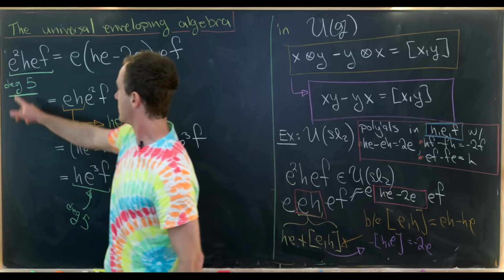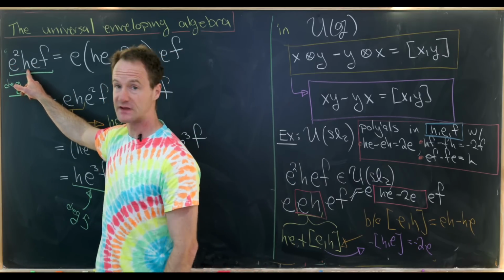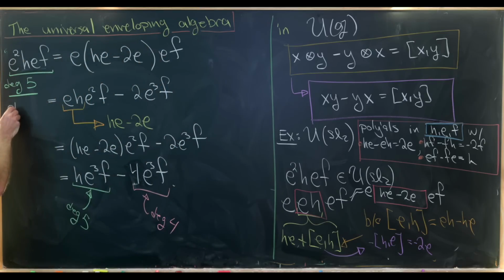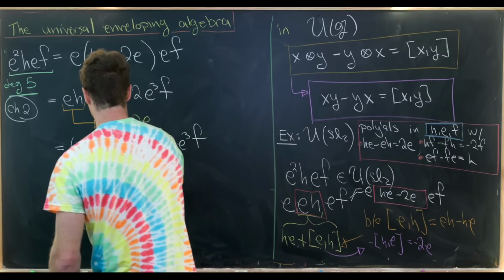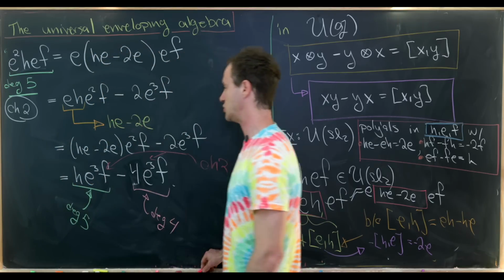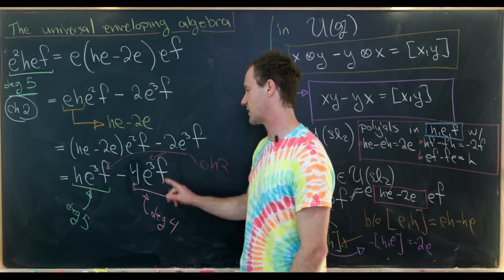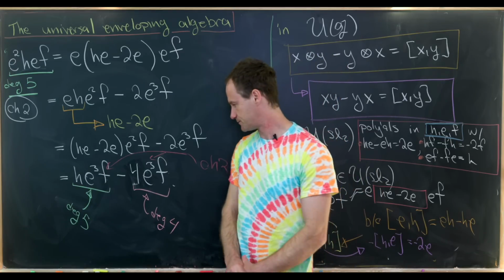So notice here we would have a charge of 3 from our E's, 0 from this H, and then negative 1 from the F. So in the end, our charge would be 2, because 3 minus 1. And now look, both of these down here also have a charge of 2 for the same sort of reason. Here we have 3 minus 1, and here we also have 3 minus 1. The H is not contributing.